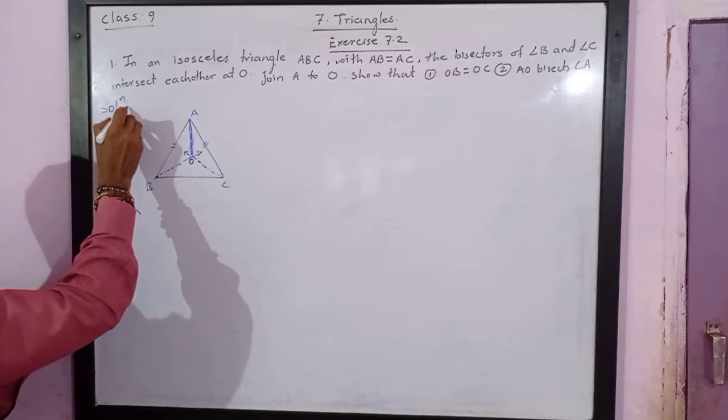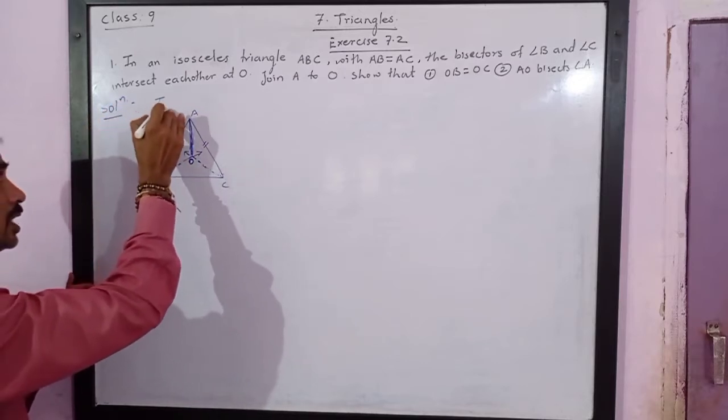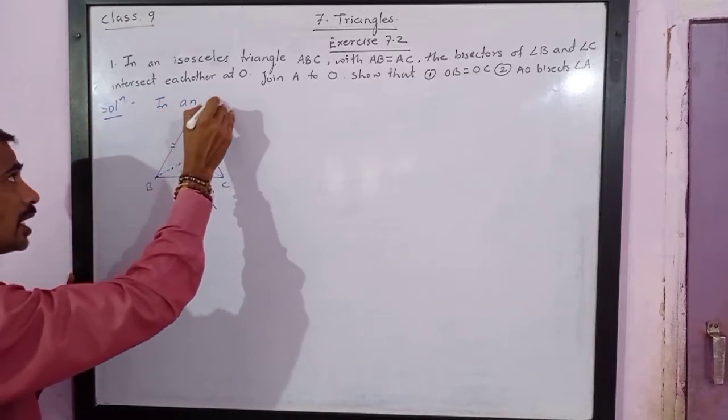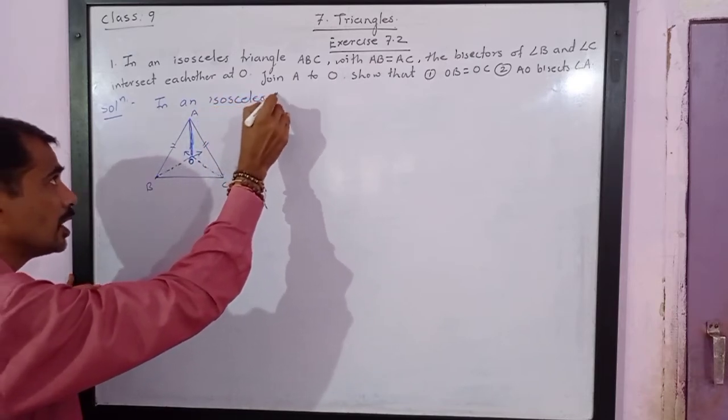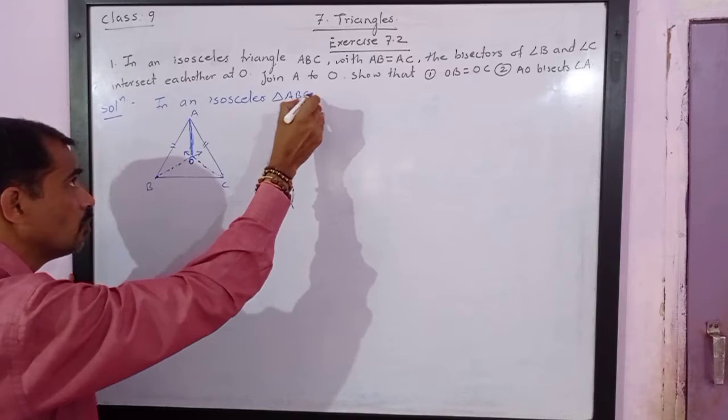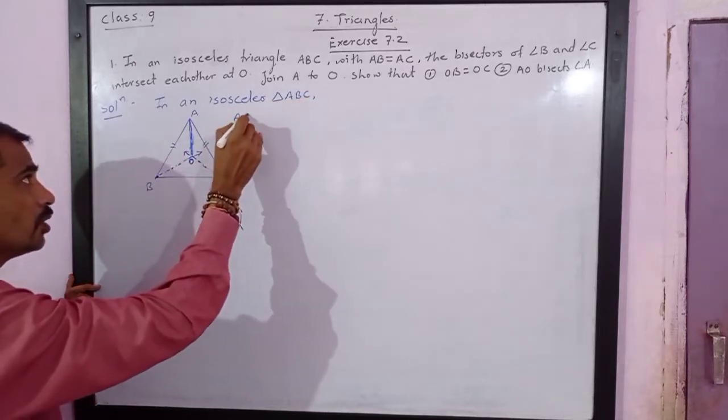So let us write whatever is given. In an isosceles triangle ABC, we are given AB is equal to AC.